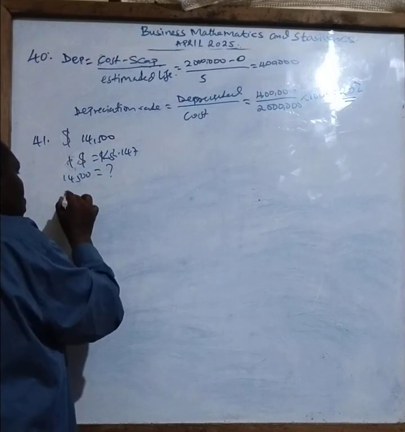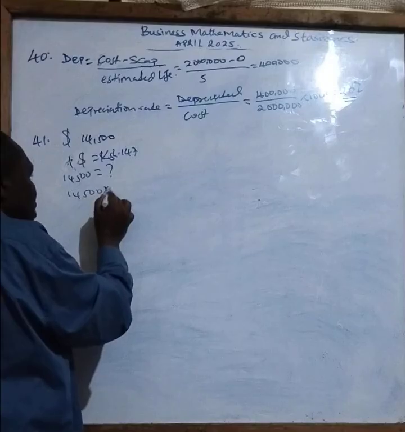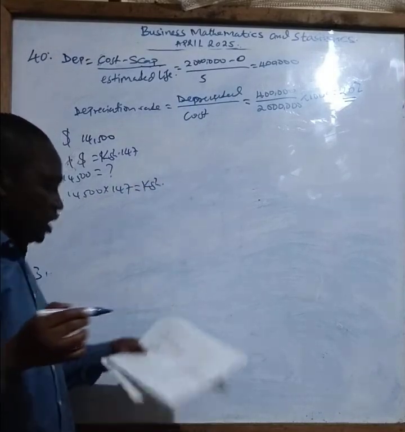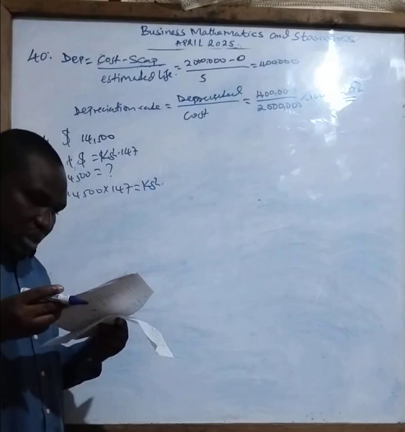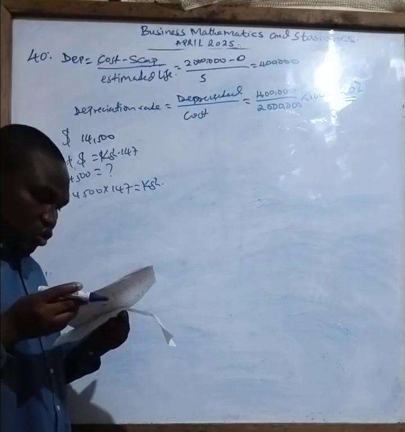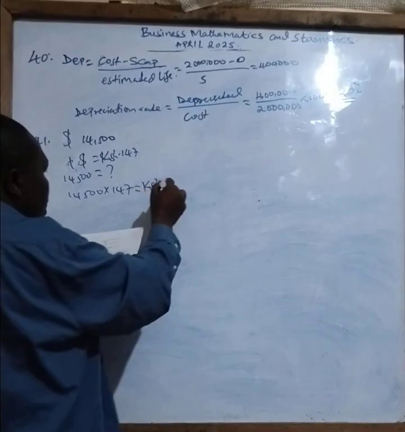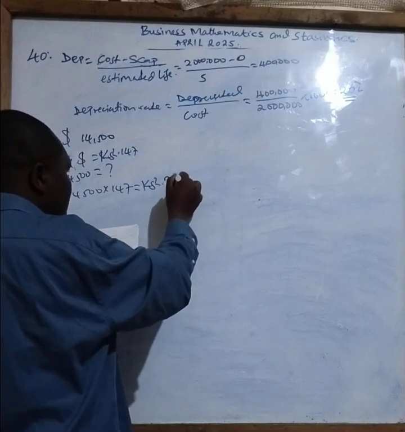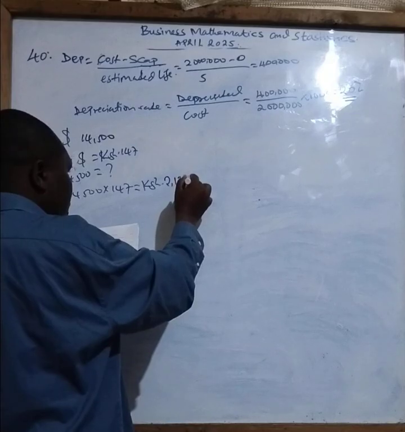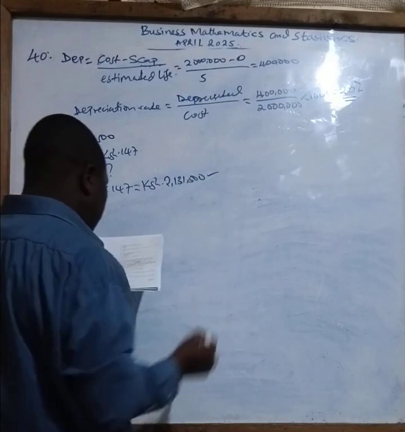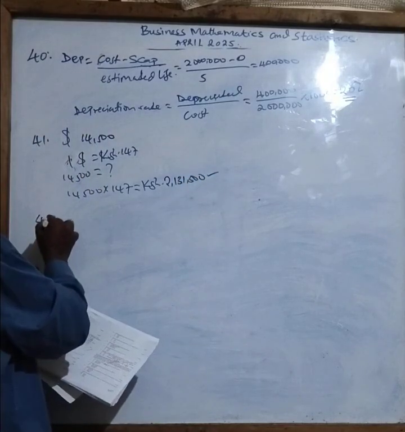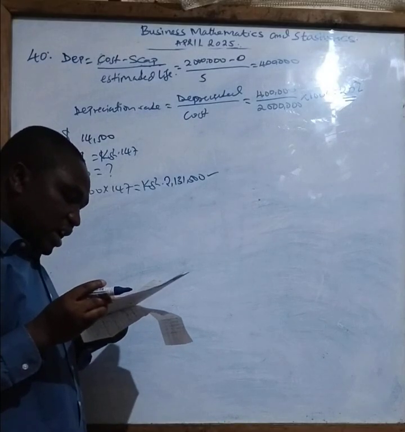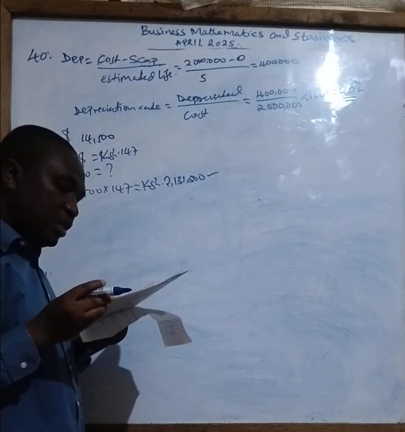So it will be 14,500 times 147. So in Kenya shillings, the answer you are supposed to get is 2,131,500. So that was number 41. Number 42 says, calculate the total expenses he incurred while in Kenya before paying for the flight.